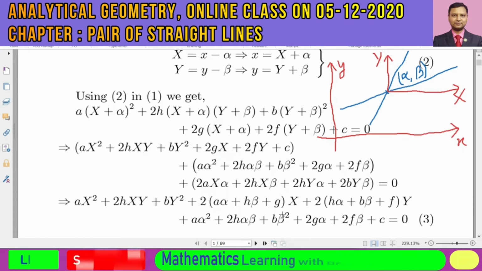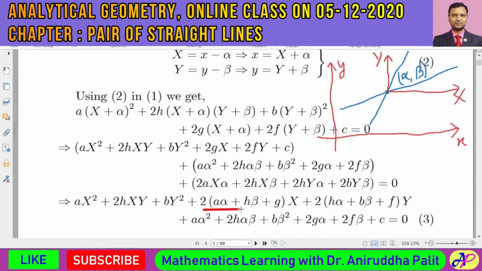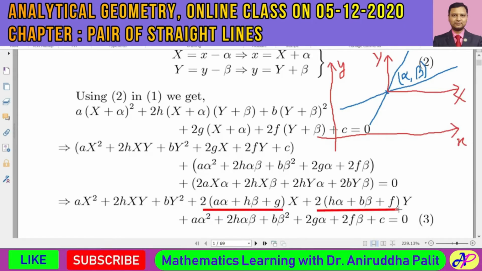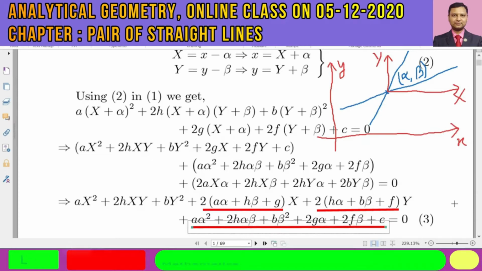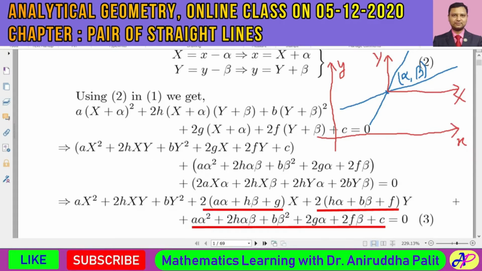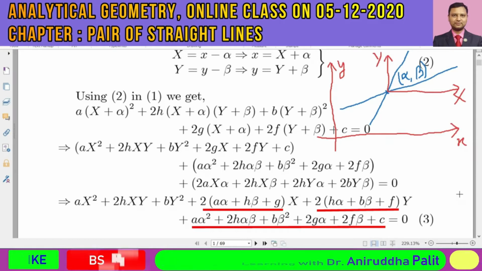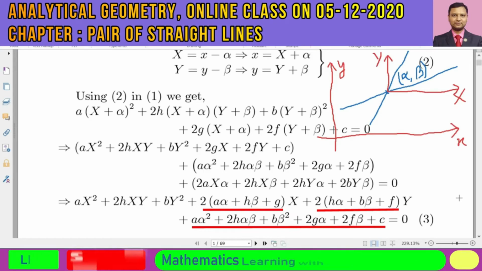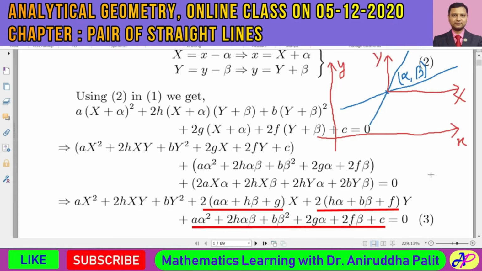In that case, we have this much, this is the coefficient of capital X. Similarly, we have the coefficient of capital Y, and the remaining portion is the quantity without any capital X and capital Y. We can say that this is now the constant term under consideration. So this is the total expansion of equation number 1.